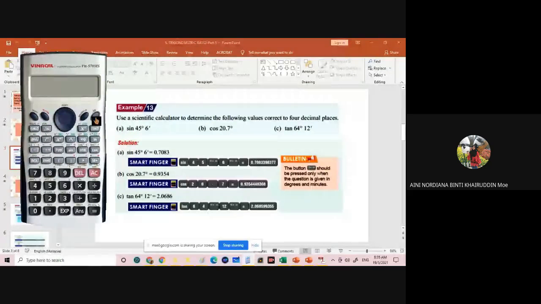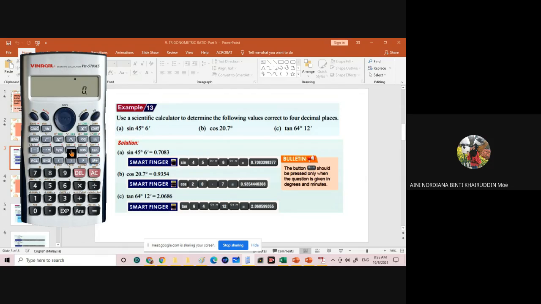For example, you want to determine the value of sine 45 degrees 6 minutes. Okay, this is the symbol for minute. How to determine this value on your calculator?